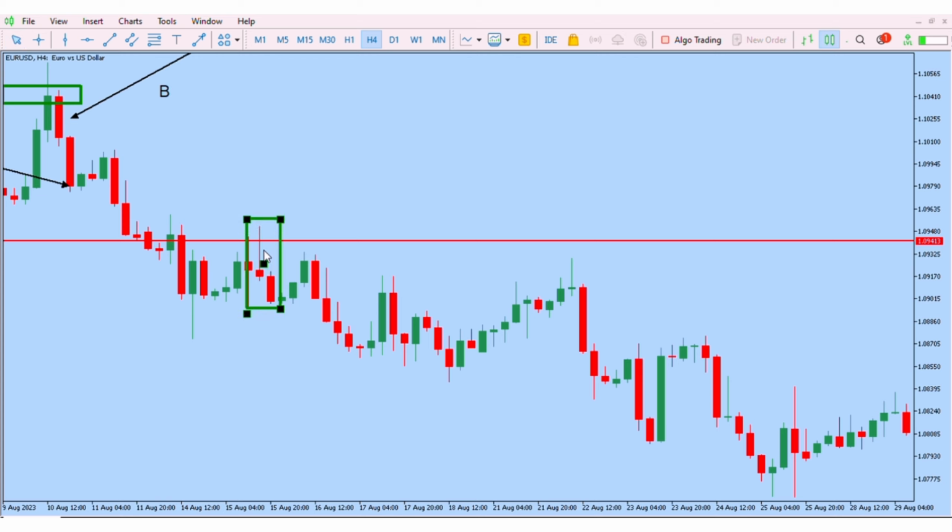If you are the trader that waits for confirmations in the market, then here is your chance. Point D, our first sell point.